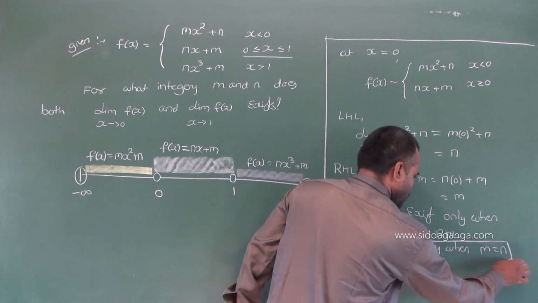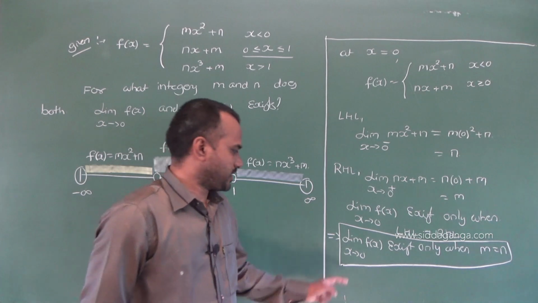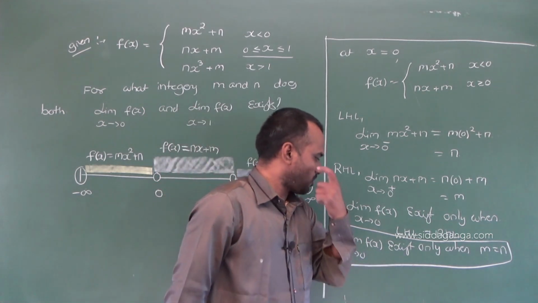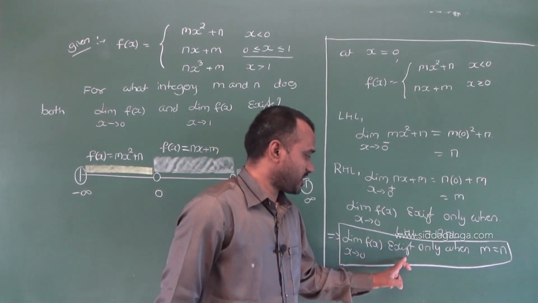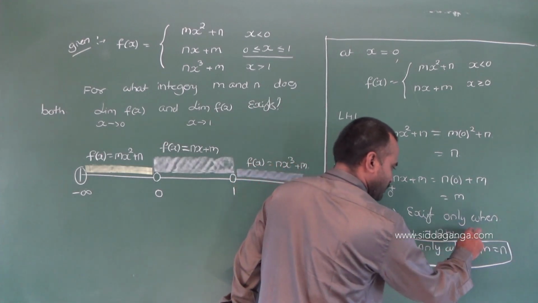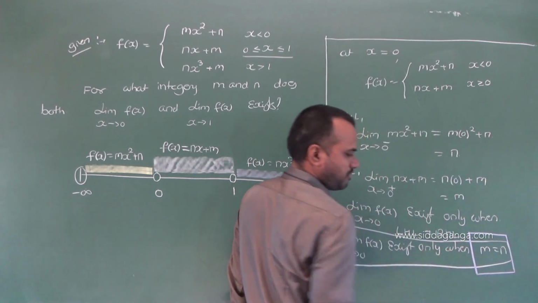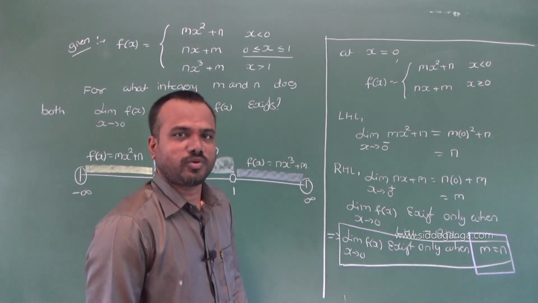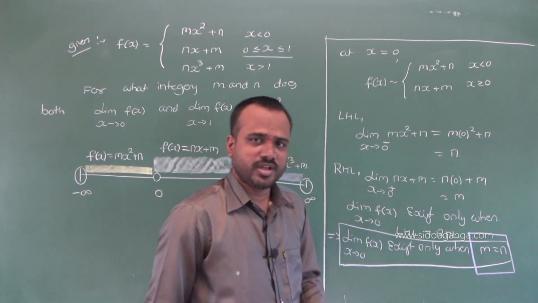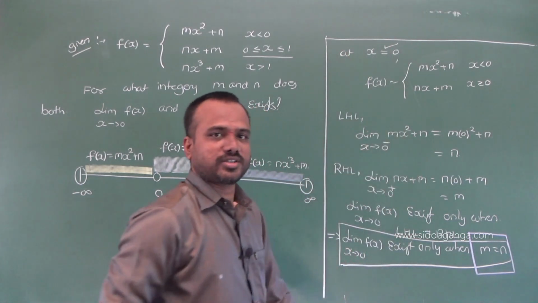The limit as x tends to 0 of f of x exists only when m is equal to n. At x is equal to 0, over.